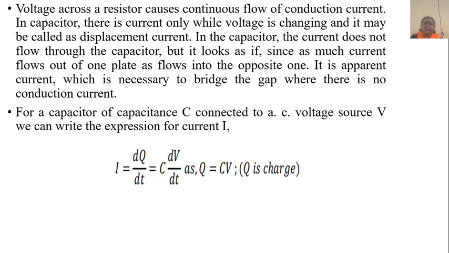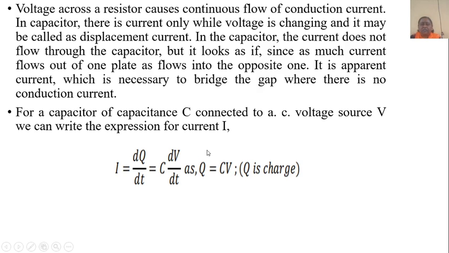For a capacitor of capacitance C connected to an AC voltage source V, we can write the expression for current I equal to dq by dt, where I is current and Q is charge.